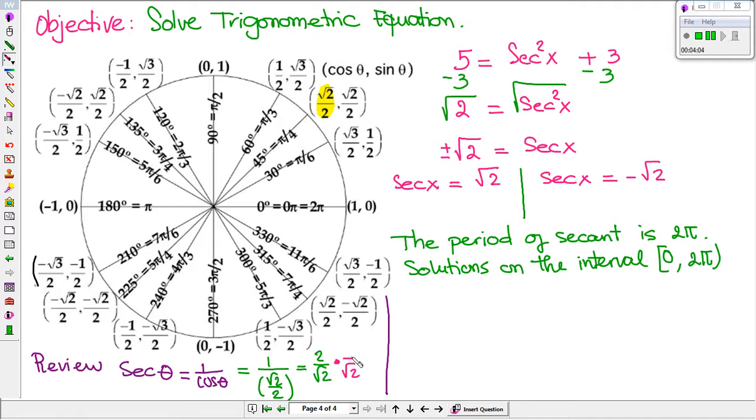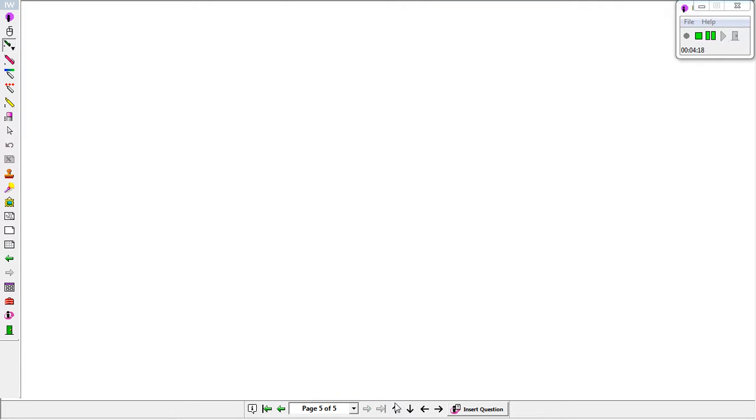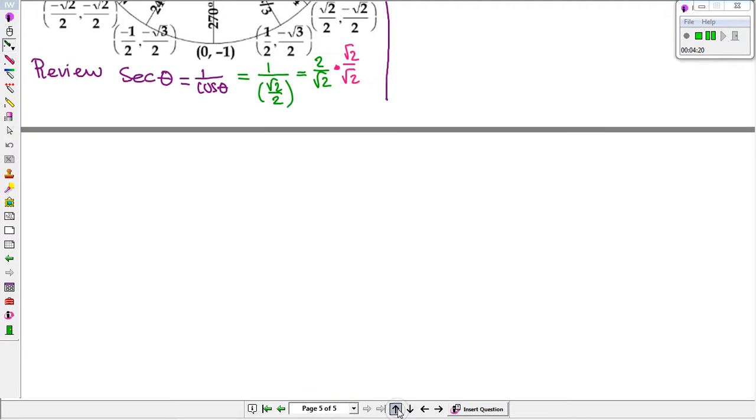So we multiply by square root of 2 in both the denominator and the numerator.